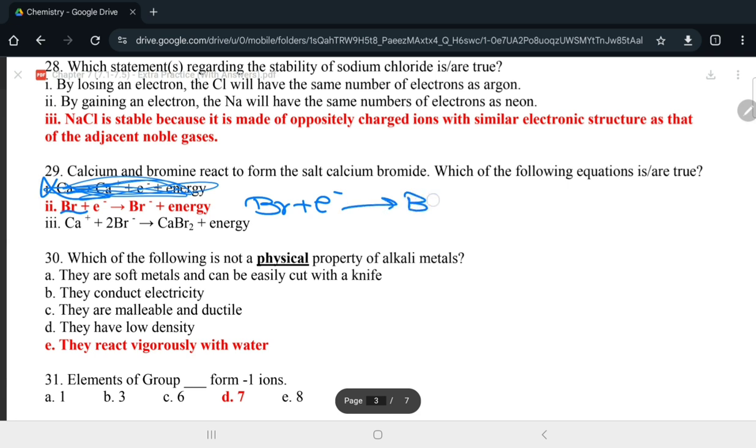By gaining an electron, it becomes an anion, Br minus, and in the process, it loses energy, because when you gain an electron, it's an exothermic reaction, which releases energy. It does not absorb energy, it releases energy. Ca plus 2 Br minus is equal to CaBr2 plus energy? No. Okay, this is false. They're giving us the whole equation, but in this case it's a false equation because first of all, it's Ca2+, not Ca+, so that's a mistake.